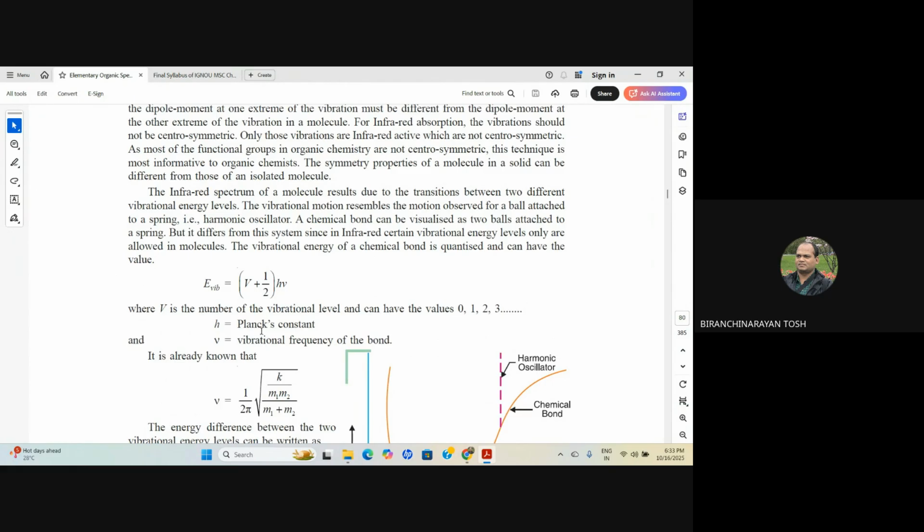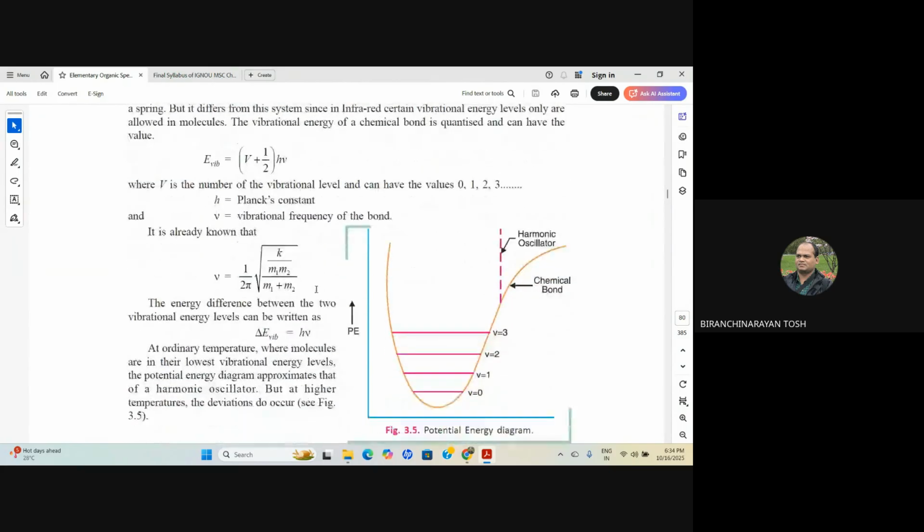So nu is the vibrational frequency, h is the Planck's constant, V is the number of vibrational levels, which can have the value 0, 1, 2 because it is quantized. If you put here 0, then it will be half h nu. If it is 1, 3 by 2 h nu. So anyway, the difference will be h nu only. So that means it is quantized.